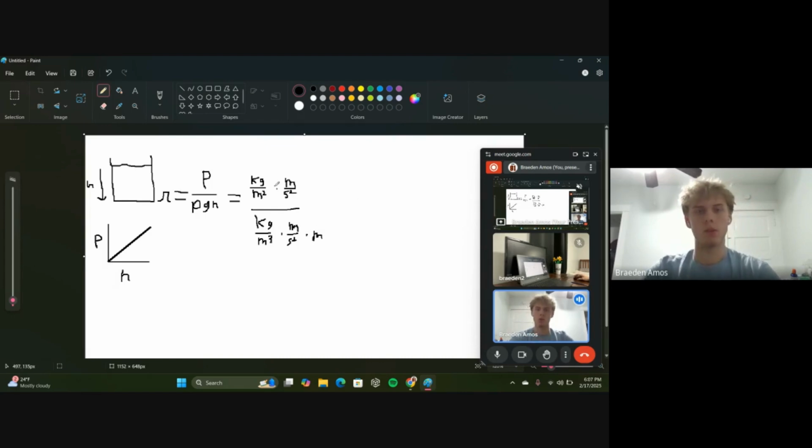When we do this, we can see that all of these cancel out, meaning that rho g h is dimensionless, so P over rho g h, the whole thing is dimensionless. And so from that, we know that P over rho g h is equal to 1.